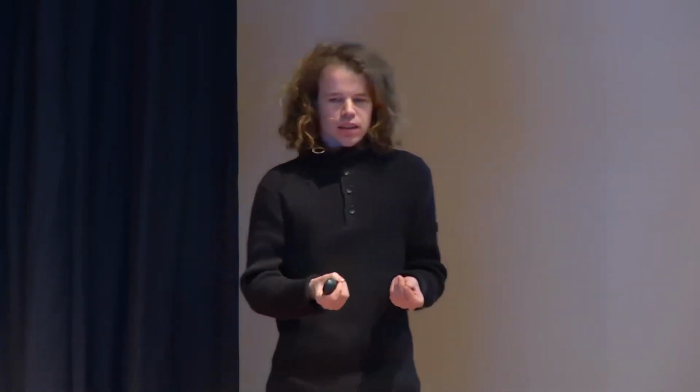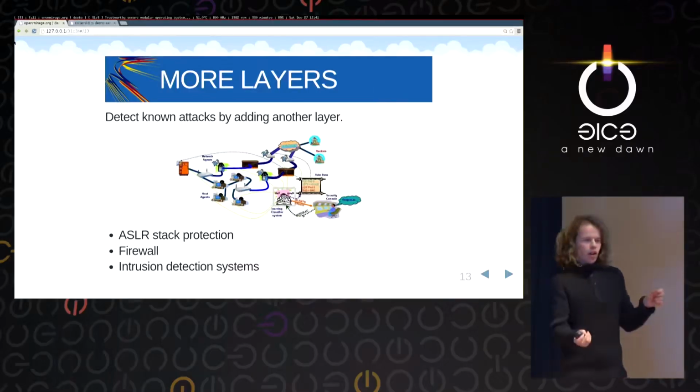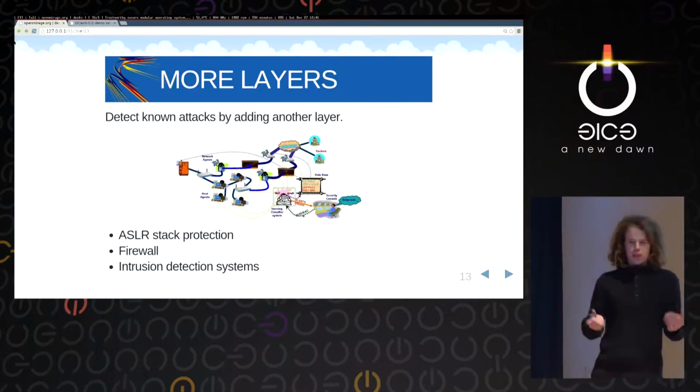The problem here is that all these layers are also software, and they are part of the trusted computing base. So they need to be trusted. And there have been vulnerabilities in firewall implementations and intrusion detection systems, quite a few. So you actually open up the attack vector if you add more layers.